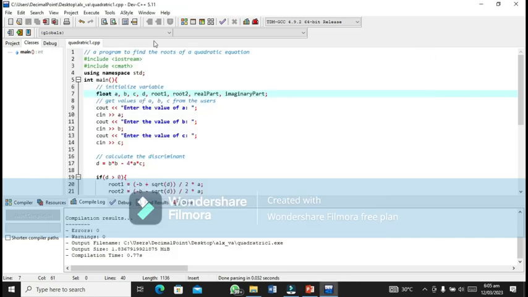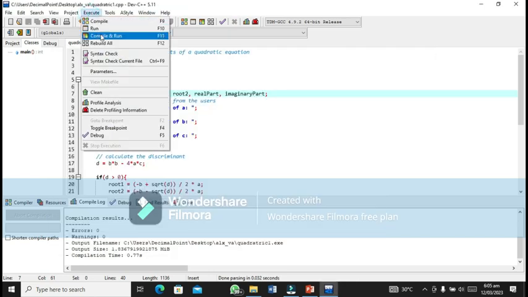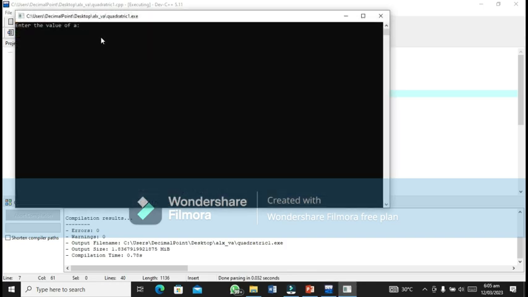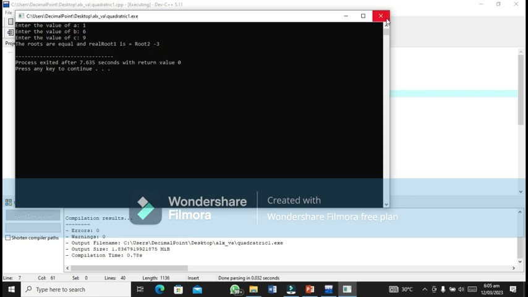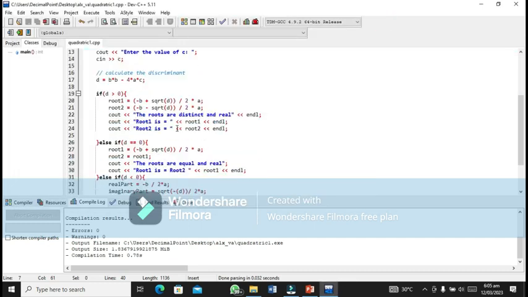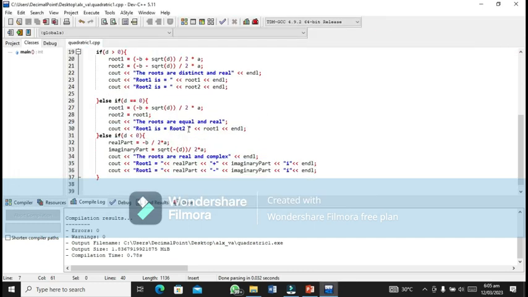Let's also check for the equal root. Let's look at where a is equal to 1, b is equal to 6, and c is equal to 9. And this should give us the roots. The roots are equal and root 1 is equal to root 2, which is equal to minus 3. So let's make a little correction in that aspect.